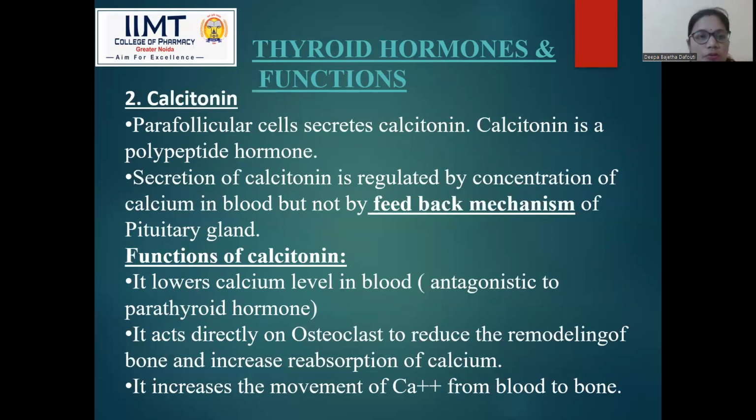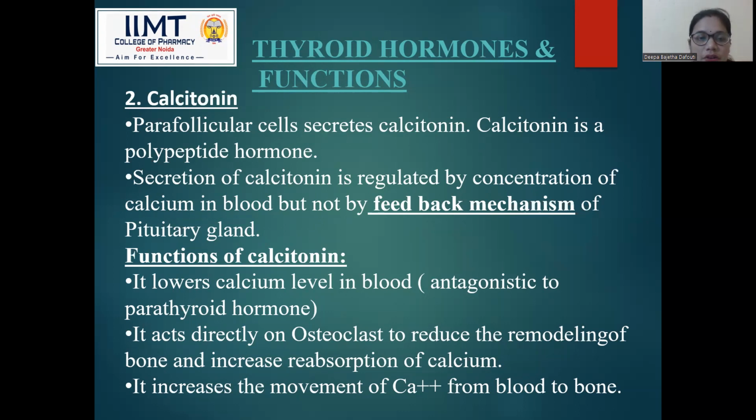So the next hormone is calcitonin. This calcitonin is secreted from the parafollicular cells. Calcitonin is a polypeptide hormone. The secretion of calcitonin is regulated by the concentration of calcium in blood, but not by the feedback mechanism of the pituitary gland.